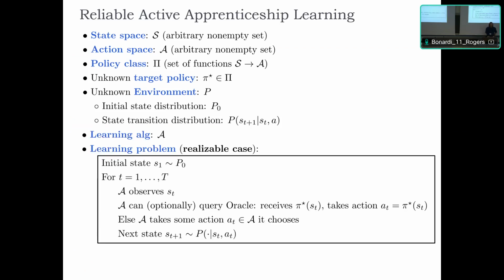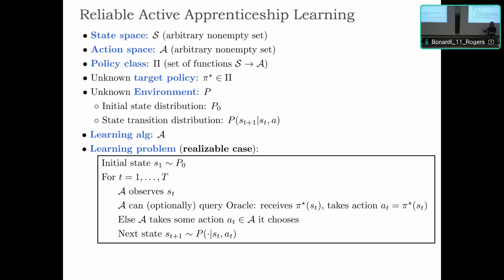In the learning protocol, you have the initial state sampled from the initial state distribution. Then it goes in rounds. On each round, the learning algorithm observes the current state, S_t. It can then optionally query an oracle, which tells it the optimal action, the target policy's pi star of S_t, and then it takes that action.